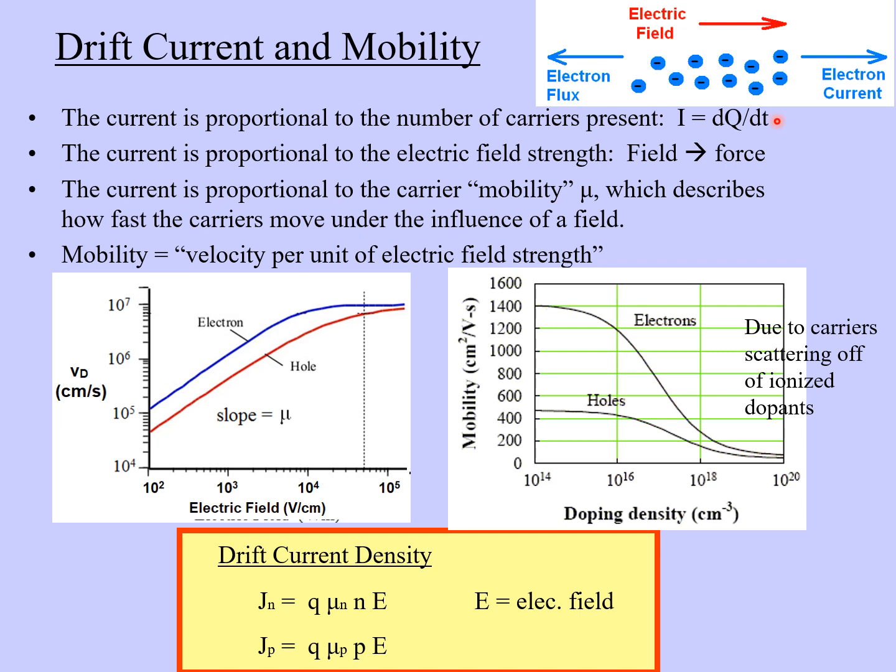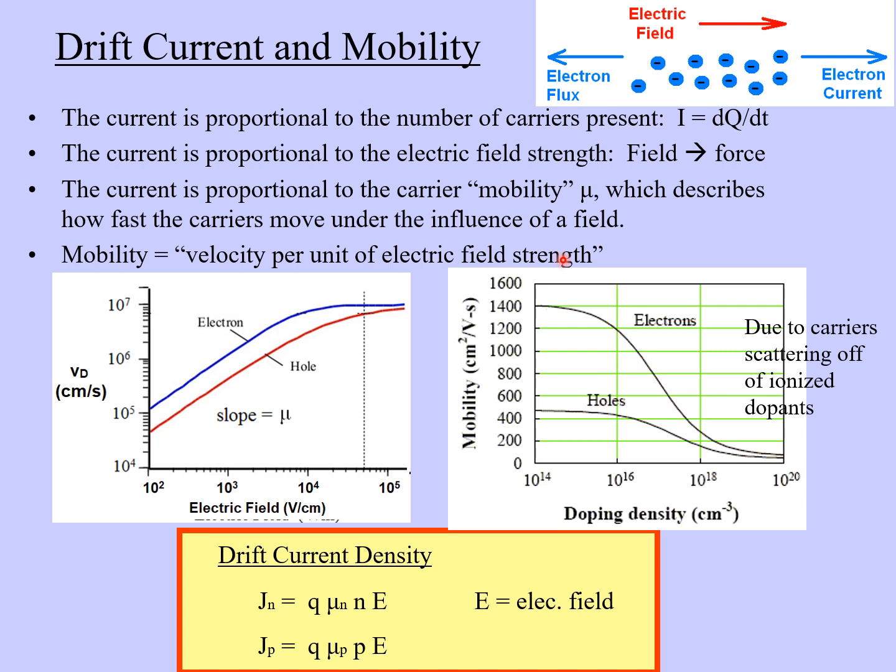Certainly the more electrons we have present, the larger the drift current will be, because the Q, the charge, is greater. Now, we also learned that current is proportional to the electric field strength, because the field creates the force that pushes these electrons. And the current is proportional to this constant called the carrier mobility, mu, which describes how fast the carriers move under the influence of a field. So technically, mobility is the amount of velocity per unit of electric field strength.